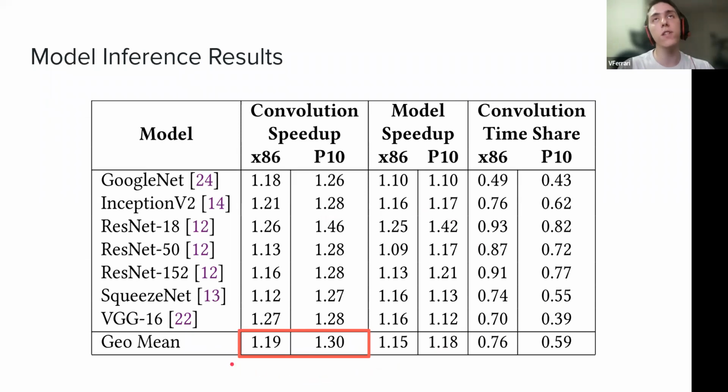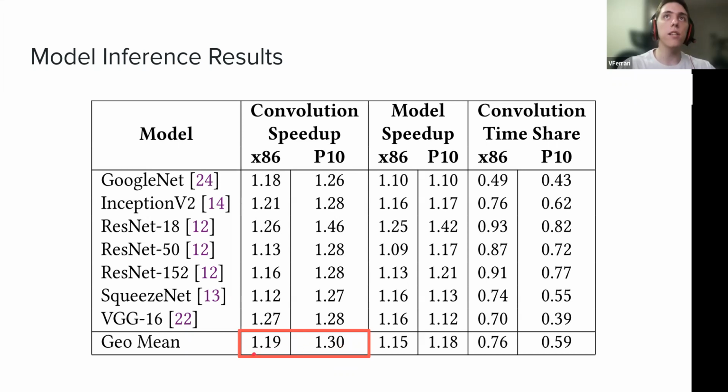I'm going to just focus on this right here. So this is the geo-mean of the overall speedup that we got in convolutions of machine learning models. So we tested these machine learning models, and on average, we sped up the convolutions in the model by 19% in the x86 architecture that we tested on, and 30% on the Power 10 architecture, on IBM Power 10.